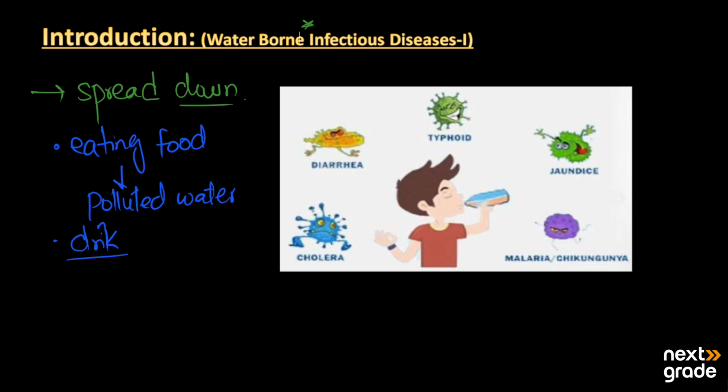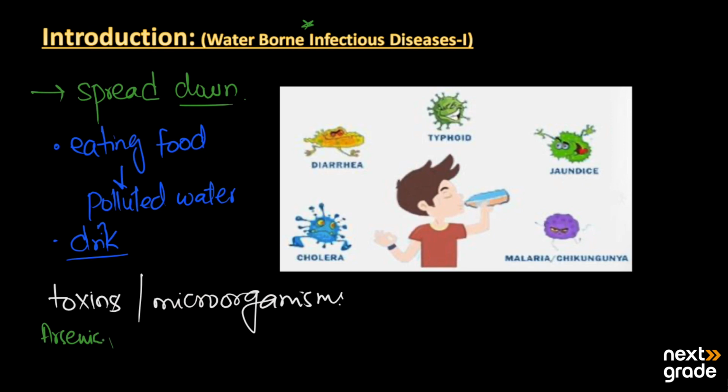So the water pollution may be due to toxins or due to microorganisms. Two reasons may be here. It may be due to toxins and it may be due to microorganisms. So the two can be the reasons for waterborne diseases. And these toxins may contain arsenic, mercury, calcium and lead, along with other organic chemicals.